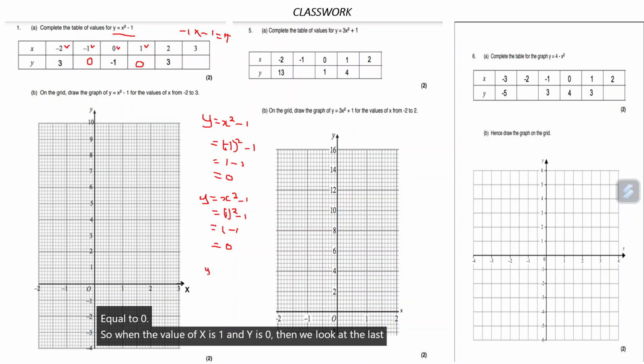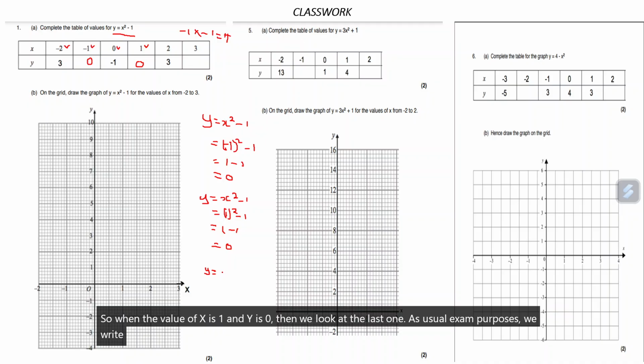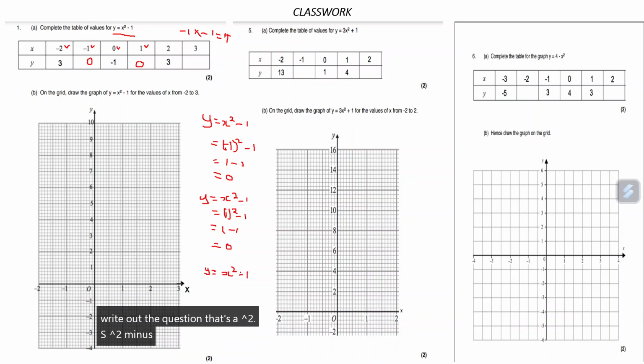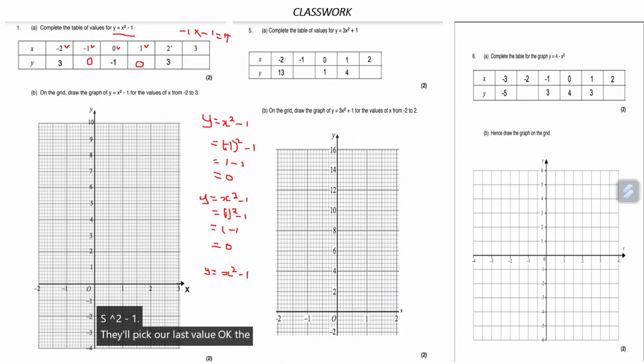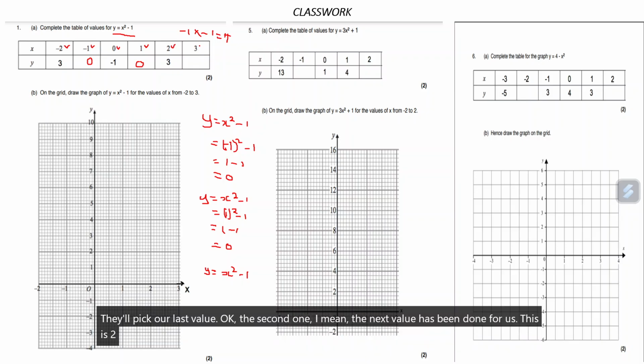Then we look at the last one. As usual, for exam purposes, we write out the equation: x squared minus 1. Then we pick our last value. The next value has been done for us. This is 2, so we are working on the last value, which is 3.